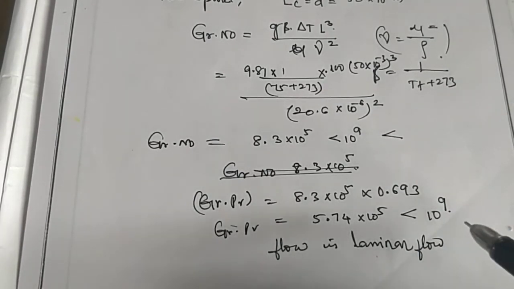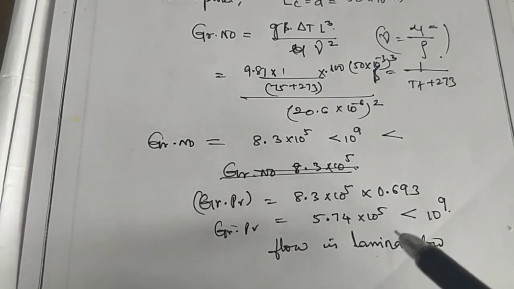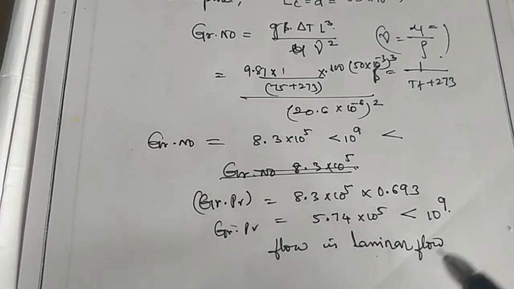So this value is less than 10 to the power of 9, and hence the flow is laminar flow.